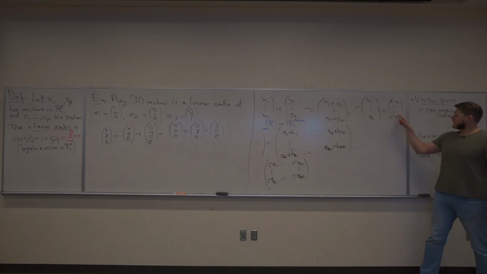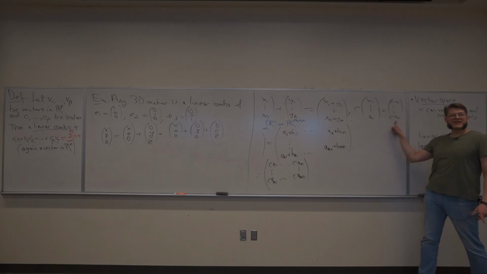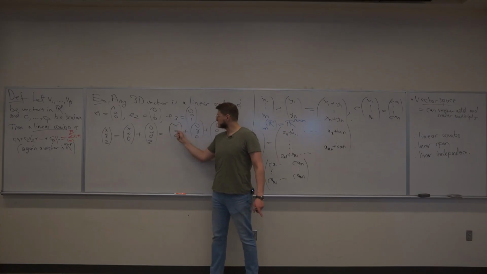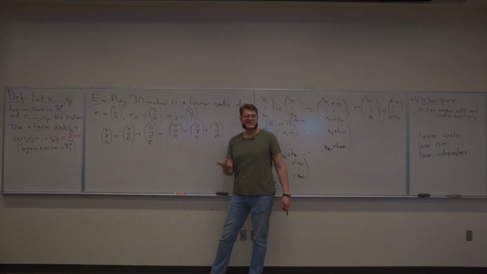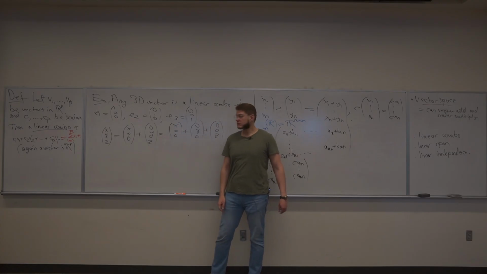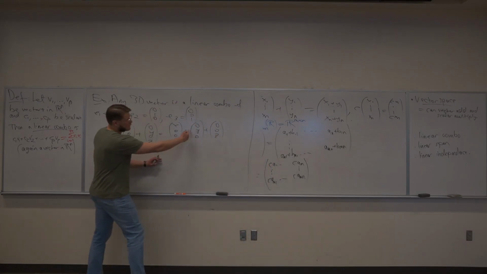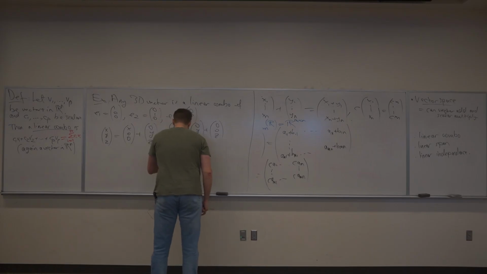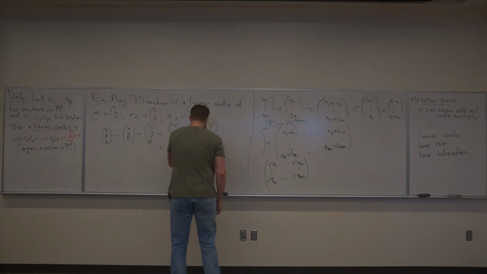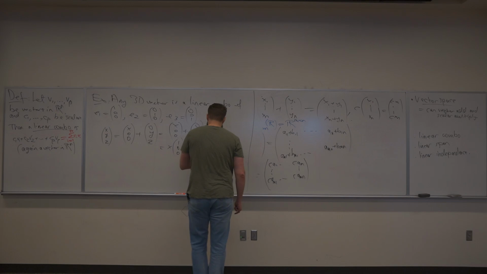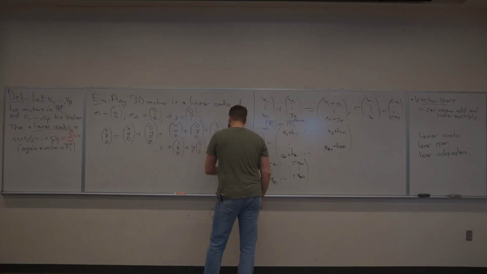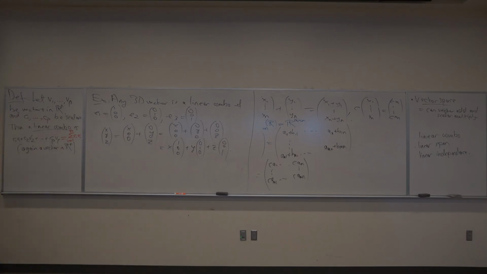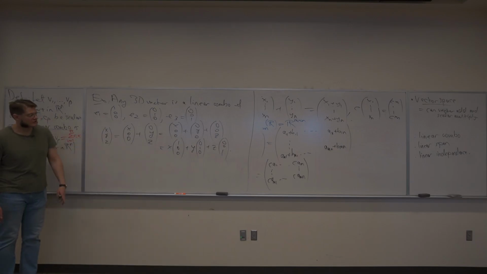And likewise, I can just factor out common scalars. In this case, this is nothing but x times 1, 0, 0. x is a number, I can take it out. And likewise, I can take the y out as a constant, as a scalar, and take the z out. x, y, z are constants here, they are scalars.